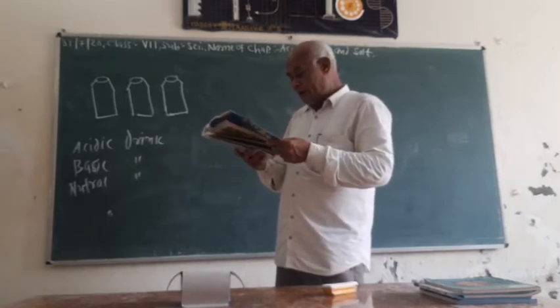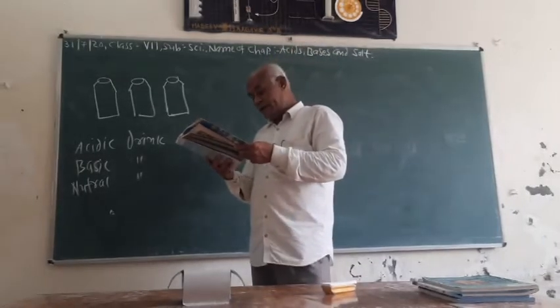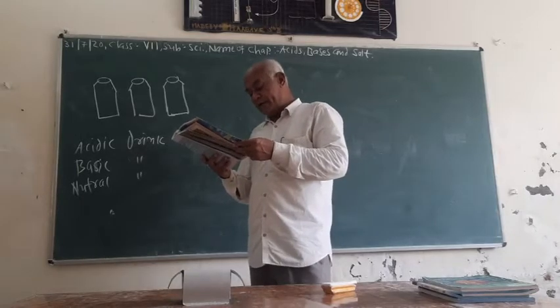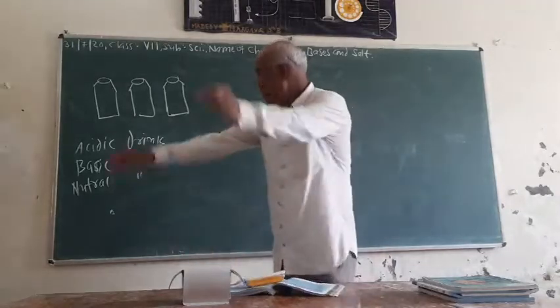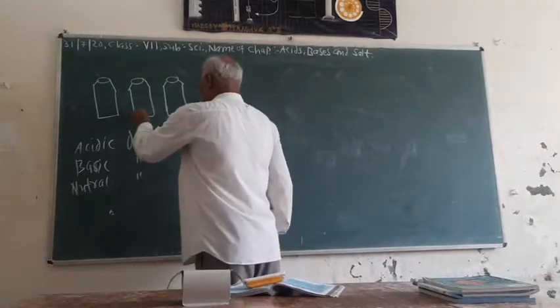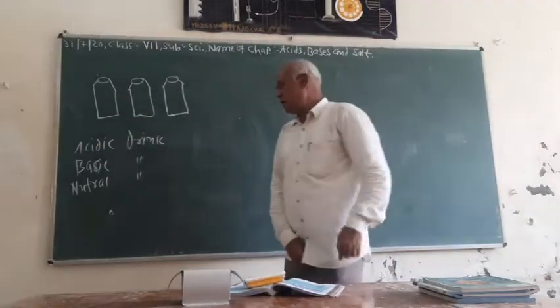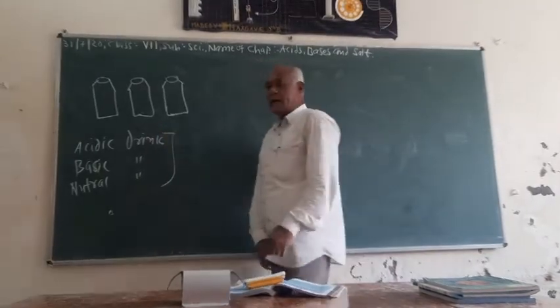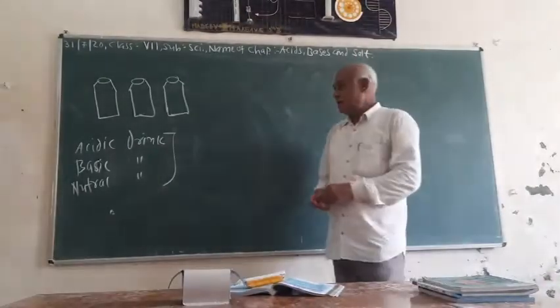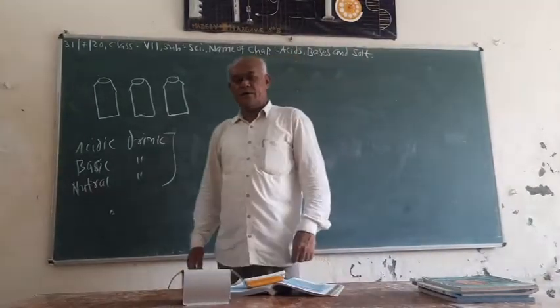How will Dorji decide which drink is to be served to whom? There is no label on the bottle. Then how will Dorji decide which type of drink is in which bottle, whether it is acidic, basic or neutral?